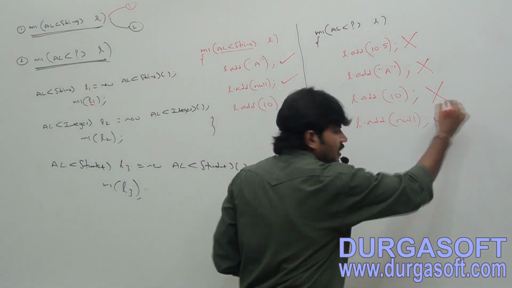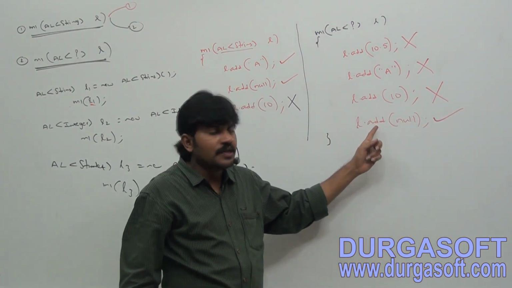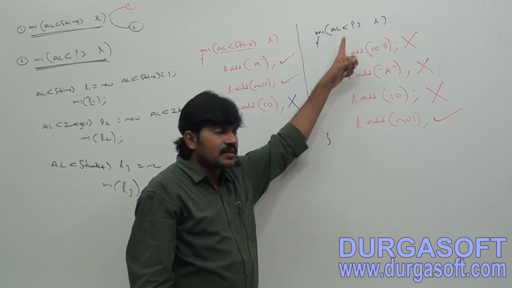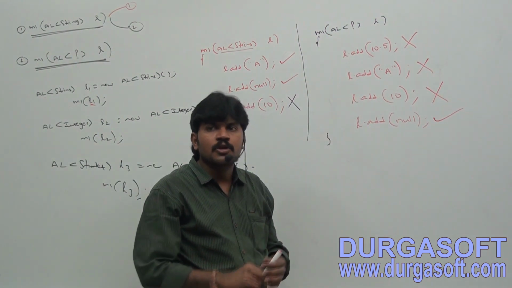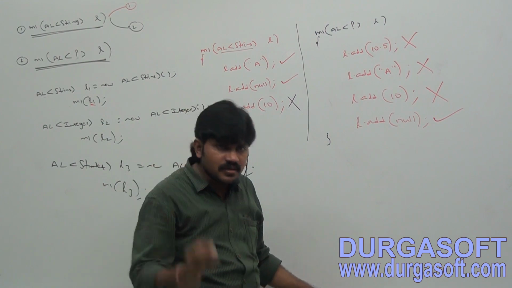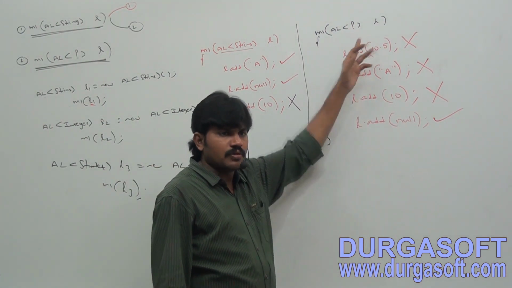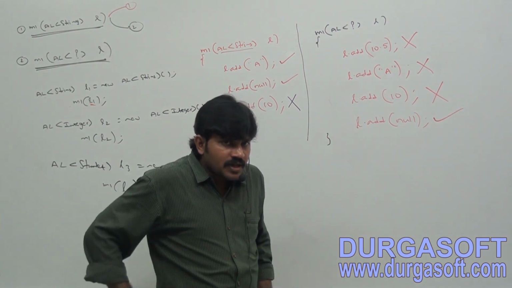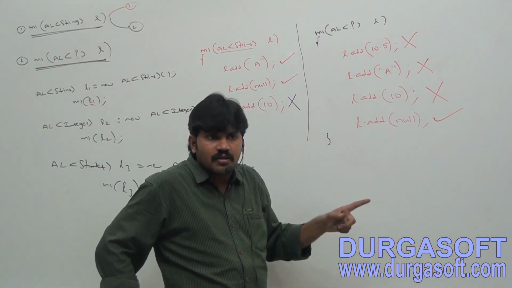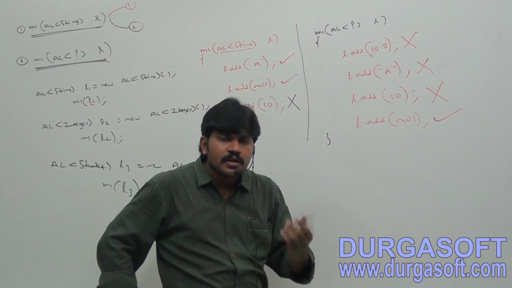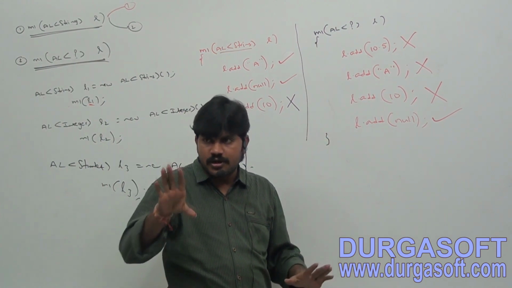That's why null is allowed. Is it clear for all of you? So within the method, the problem is we can't add anything except null because we don't know the type exactly. Then immediately you ask, sir, why is null allowed? Null is a valid value for any type. Are you able to understand?